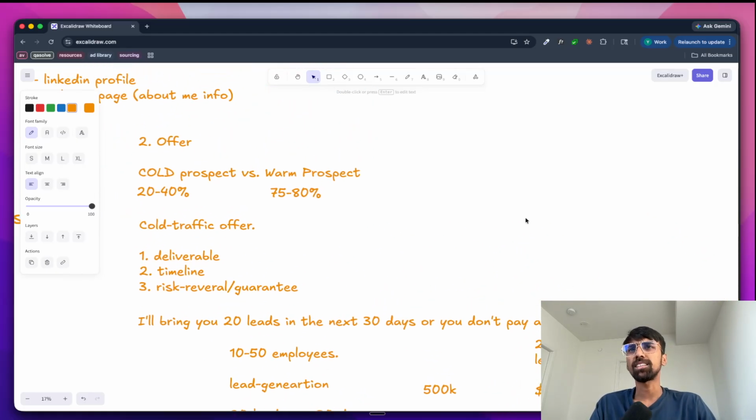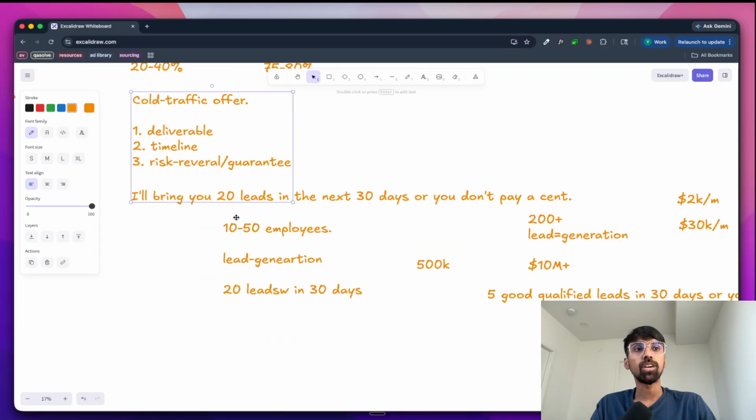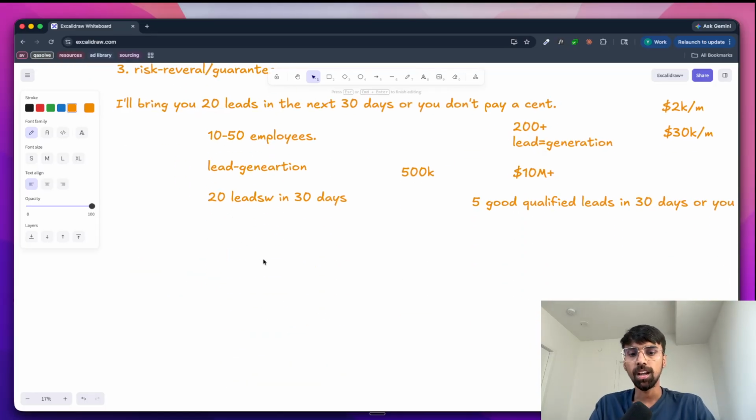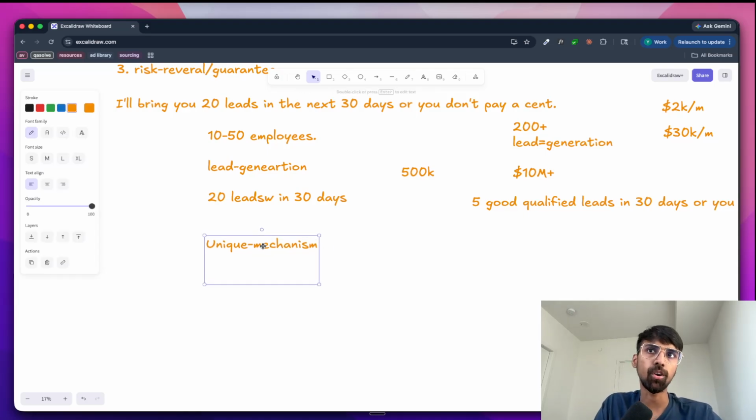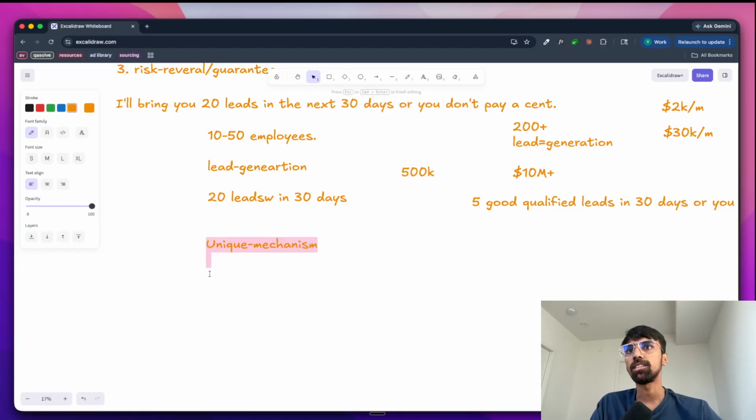So essentially, this is a cold-ready offer, and you can also have a unique mechanism here. One thing that I did not mention is that a unique mechanism is essentially what separates you from other people doing the same thing as you in the industry. And if you are reaching out to a market that gets, I don't know, 5 to 10 cold emails per day, you have to stand out somehow, right?